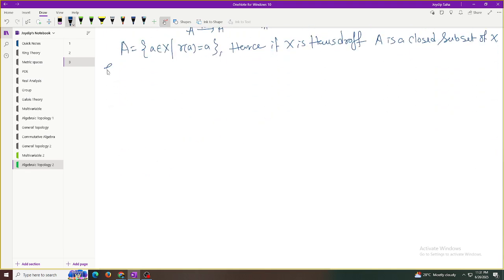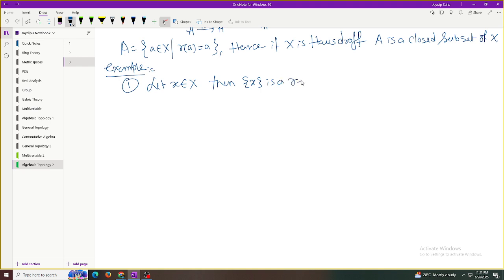Example. Let small x belong to X, then the singleton {x} is a retract.